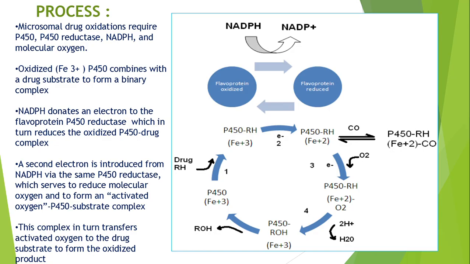After that, ROH is eliminated, and P450 Fe3+ is regenerated. This is a cyclical process. You can go through different books and articles to learn more about this process of oxidation and reduction.